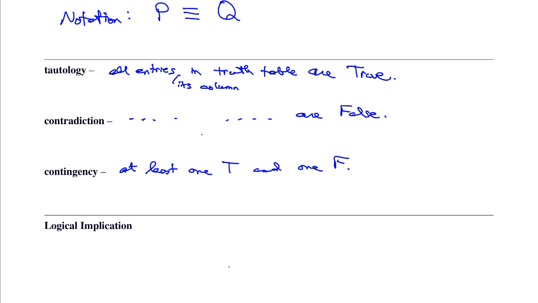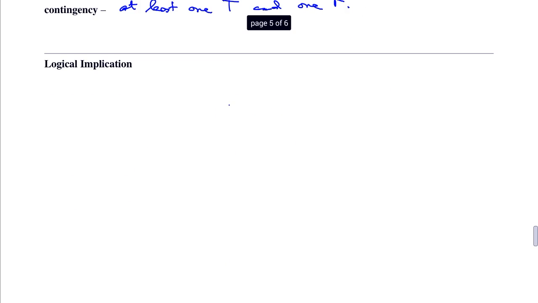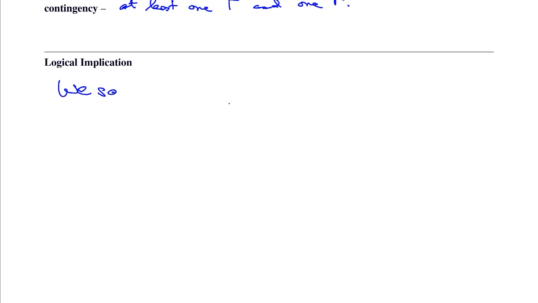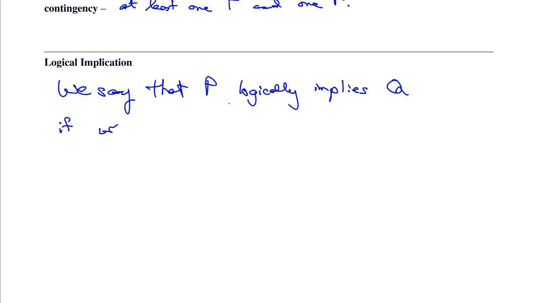Okay. All right, so let's finish this up here. Last topic for the day is logical implication. We say that P logically implies Q if whenever P is true, Q is true.